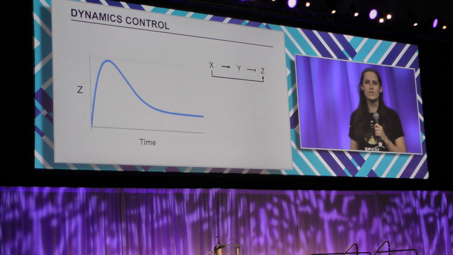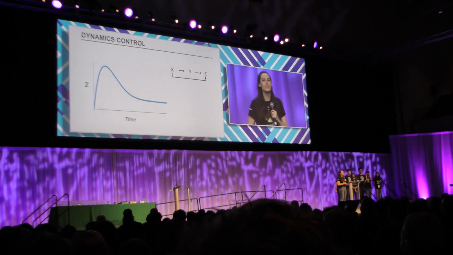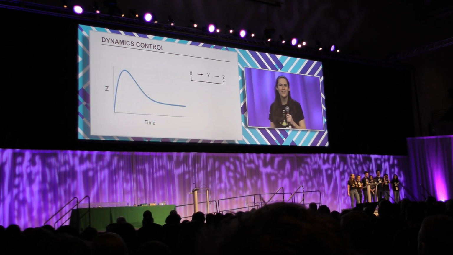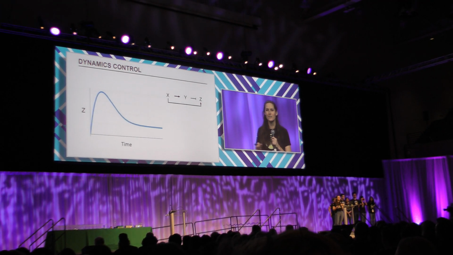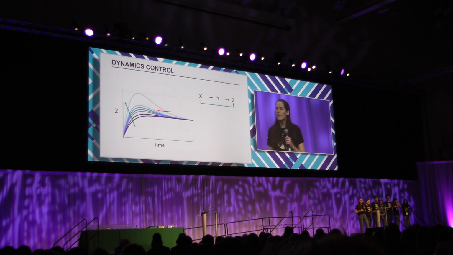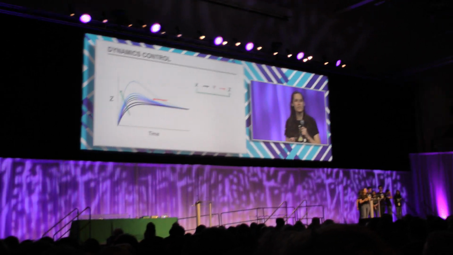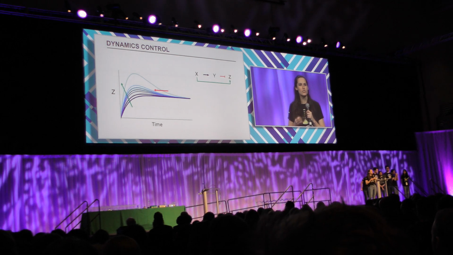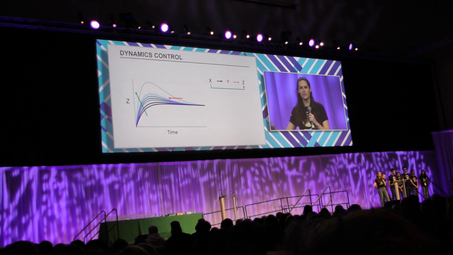So our next step was to go on and demonstrate a more interesting and complex aspect of dynamic circuit behavior. So to do that, we looked at the incoherent feed-forward loop, or IFFL circuit, and this is a pulse-generating circuit. So when we take a closer look at this circuit architecture, we find that we can actually control the shape of the pulse that's generated by simply manipulating the interactions between different nodes of our circuit.